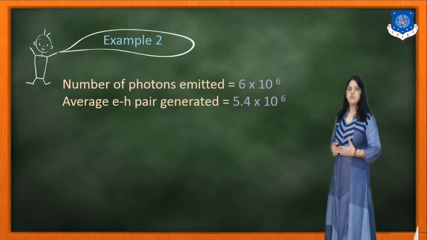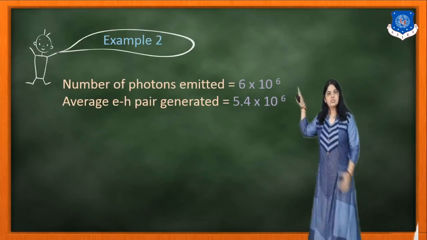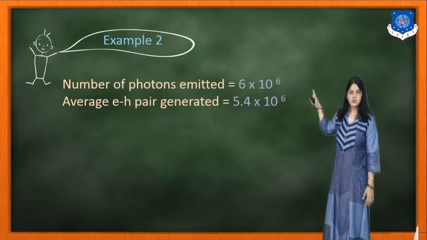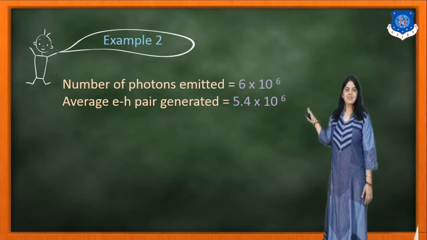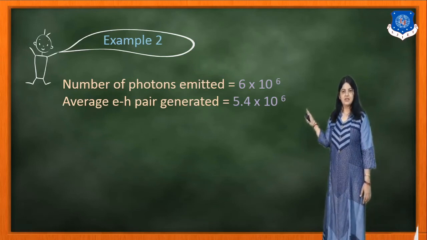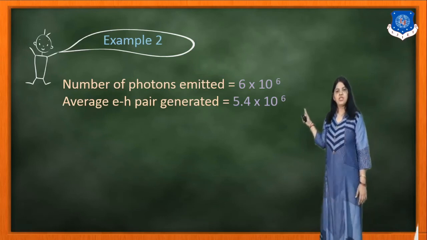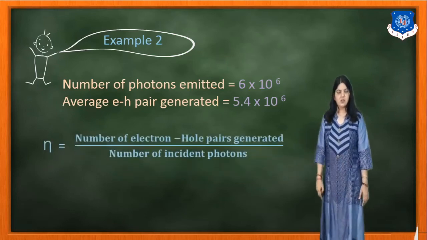The number of photons emitted is given as 6 into 10 raised to 6. The average electron hole pairs generated is 5.4 into 10 raised to 6.